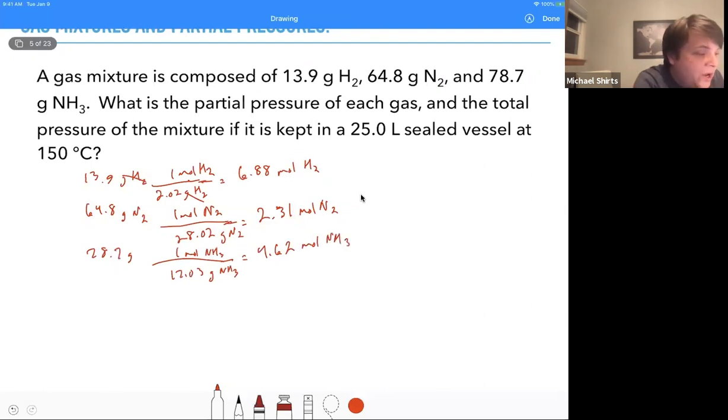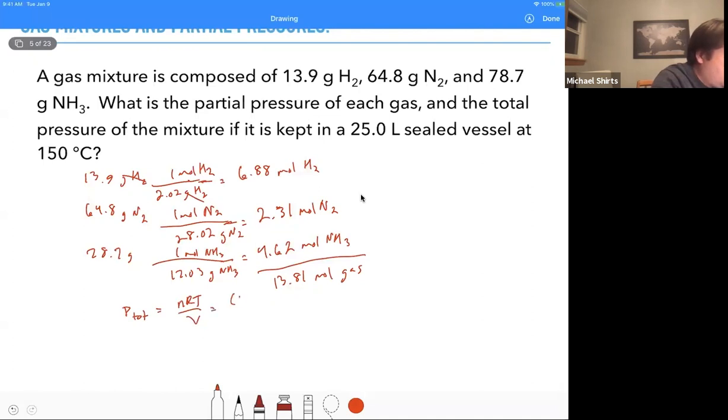Okay, so that gives us a total of 13.81 moles of gas. So now we can calculate the total pressure because we know the total number of moles. It doesn't matter what they are. It just matters that there's moles of ideal gas. So P tot, the total pressure, equals nRT over V, just from rearranging PV equals nRT. 13.81 moles, 0.08206 liter atmospheres per mole Kelvin.